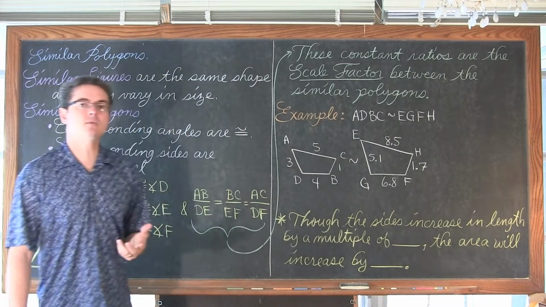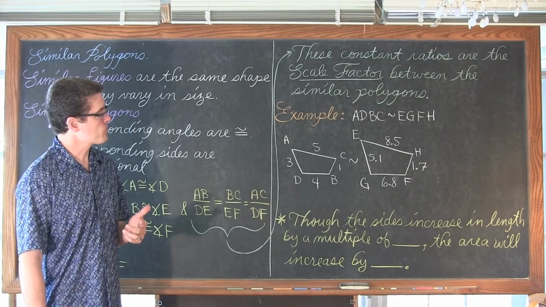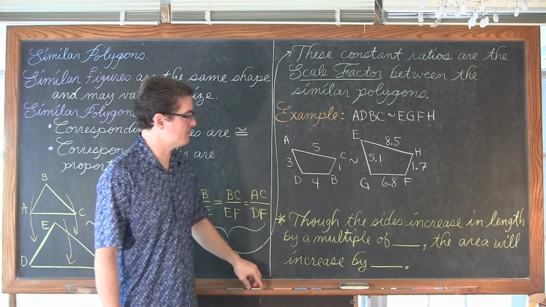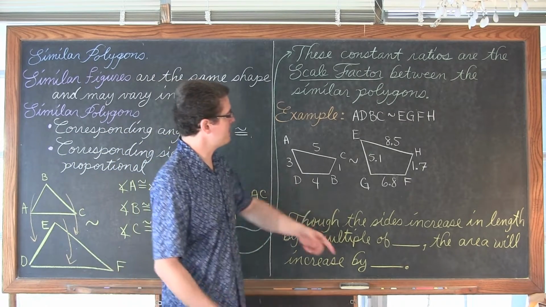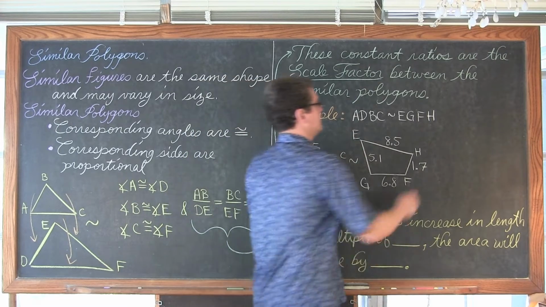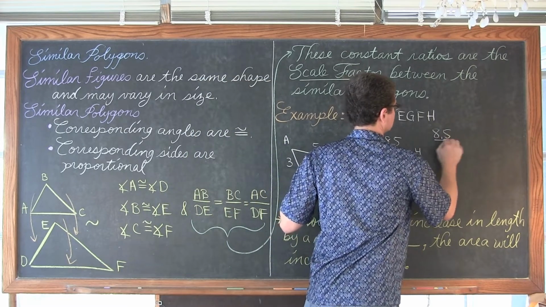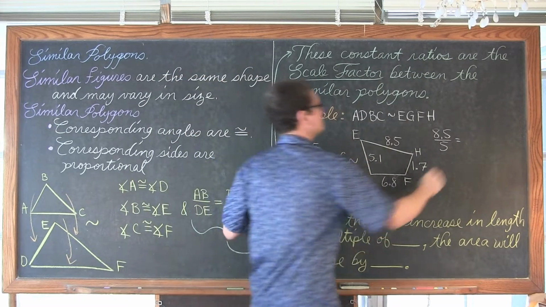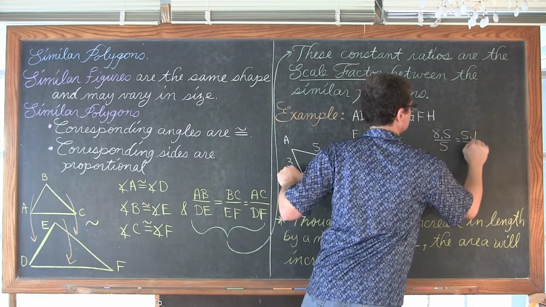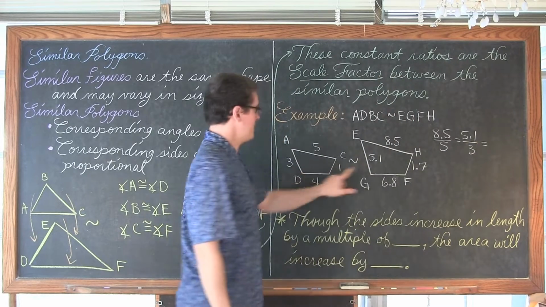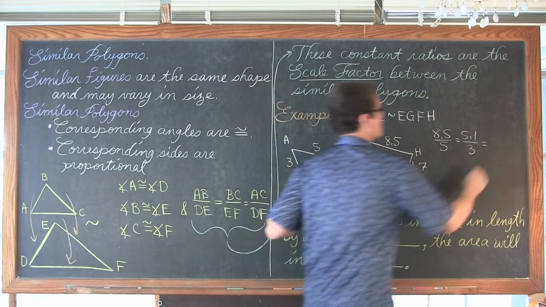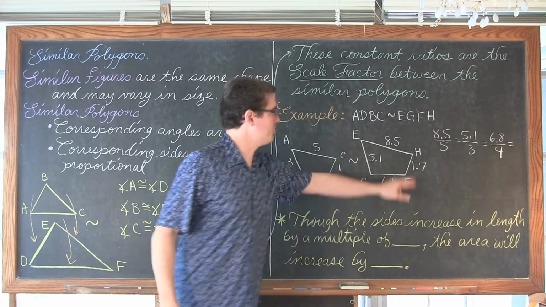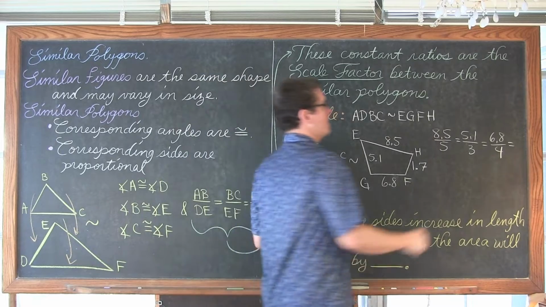Well, if they are indeed similar, then when I check that I have a constant ratio every single time, I should get the same number. So if I take 8.5 and divide it by 5, and when I take 5.1 and I divide it by 3, and when I take 6.8 and I divide it by 4, and then as I start to run out of room, 1.7 divided by 1.